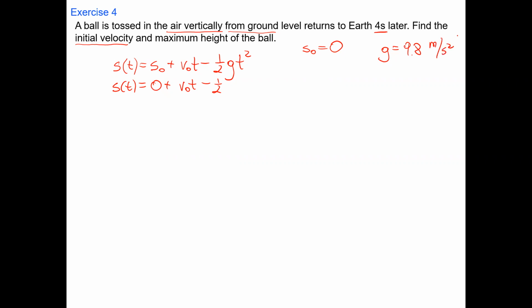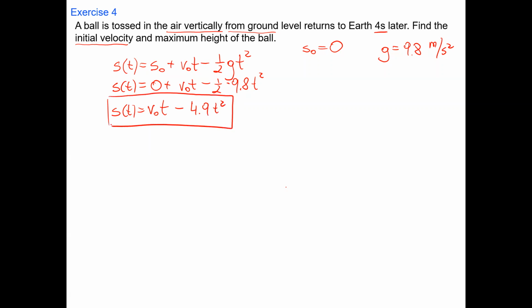We also have to know this 9.8 and 32. So the equation is v sub 0, the initial velocity, times t minus half of 9.8, which is 4.9, t squared.